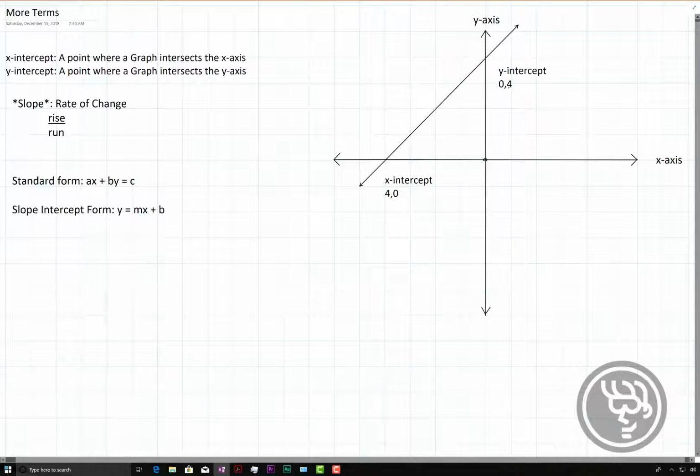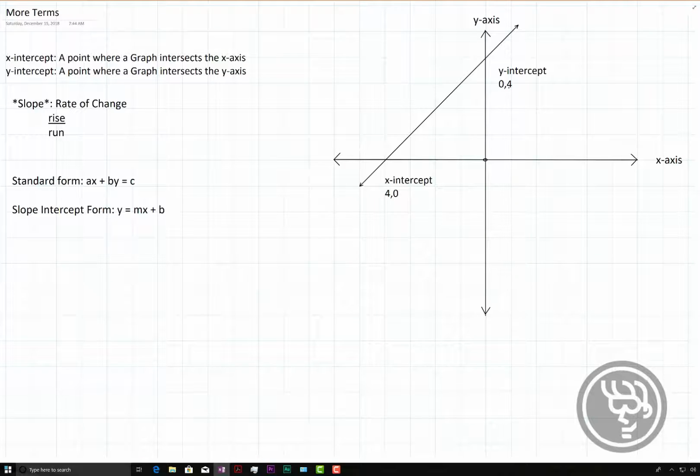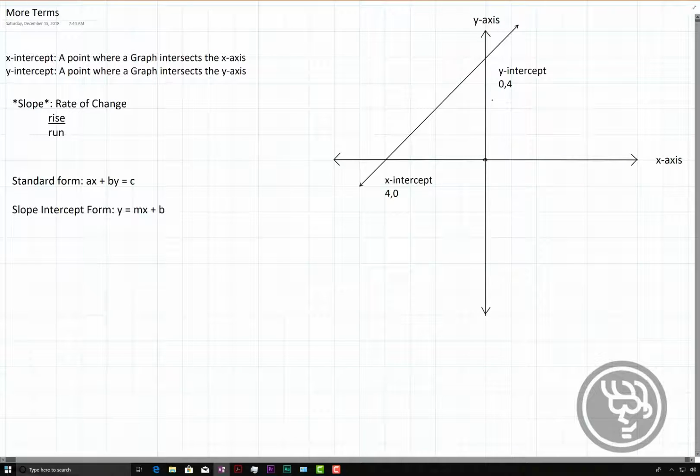These points are usually very unique and they're very good for establishing graphs because one of the values is 0. On the y-axis, you can see your x value is 0, and on the x-axis, there is no y, so your y value is 0.